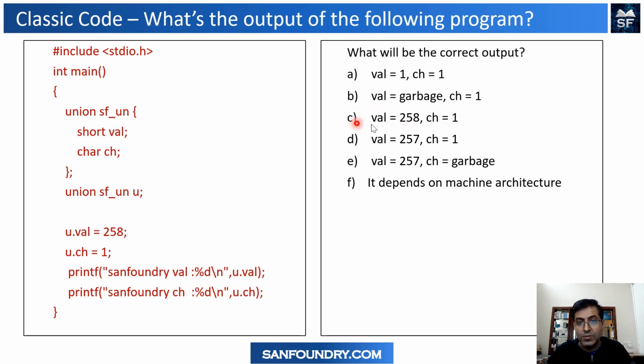And the funny thing is, when you see it is the same, you will wonder why there is no garbage, why it is printing the same value. But remember, it is printing the same value just out of luck. Luck means 258; instead of 258, if it is a very large number, you may not see that luck. For this data on a big endian machine, this is the answer, and for this data on a little endian machine, this is the answer. So it really means that it sometimes depends on the machine architecture.